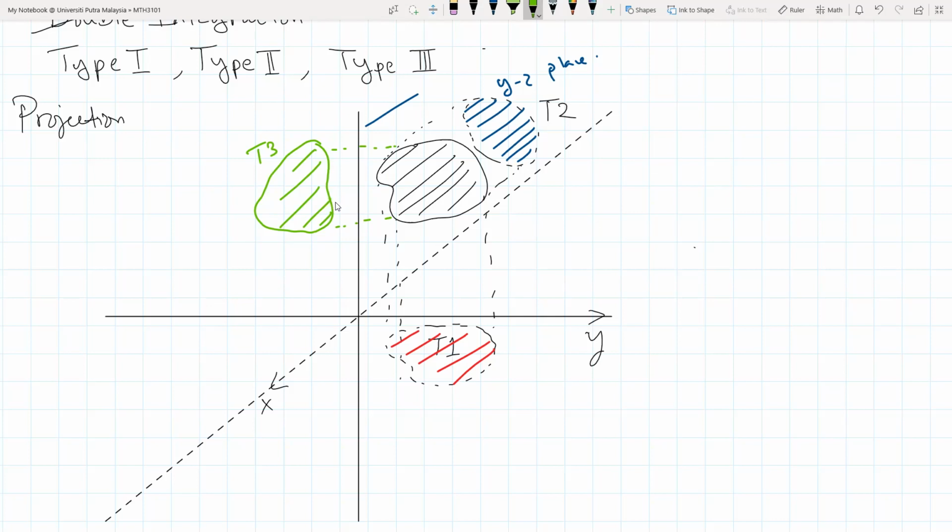Okay, what's the key point? Let's take an example of a solid pipe. Imagine I have a solid pipe like this, vertical, and I planted this vertically.